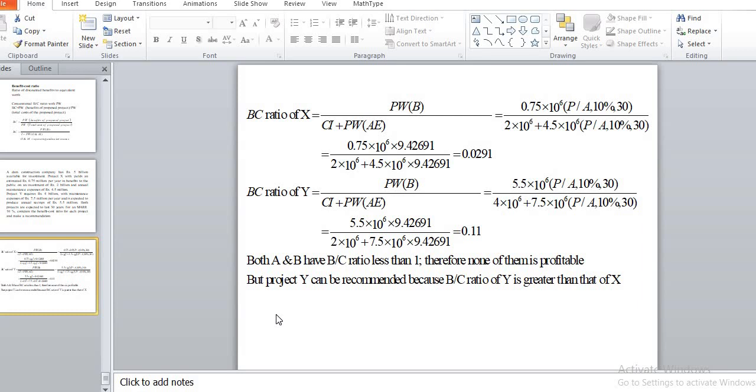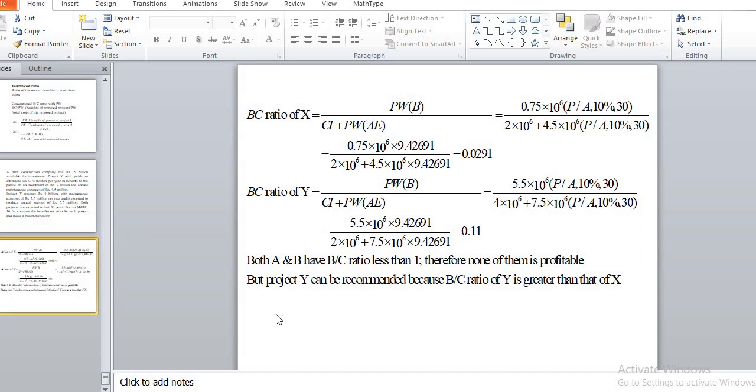And for the Y project, the benefit to cost ratio will come as follows. In this benefit to cost ratio of Y, the investment is a different one, the operation and maintenance cost is different, and the revenue obtained each year is different. So the revenue is 5.5 into 10⁶ per year.